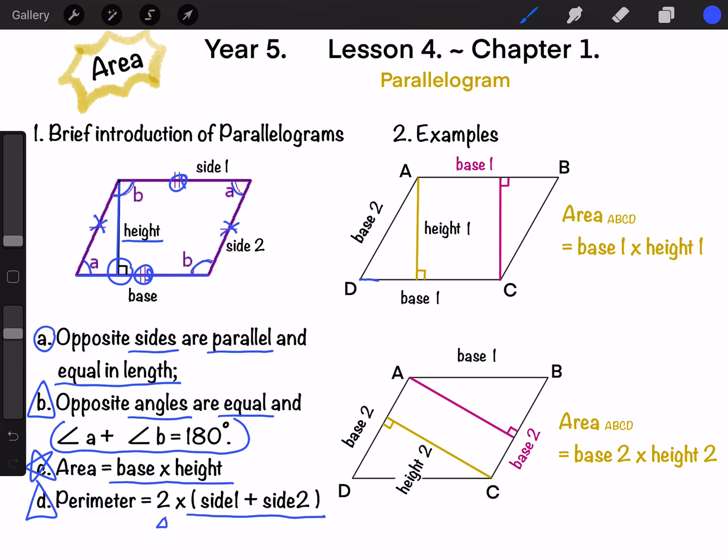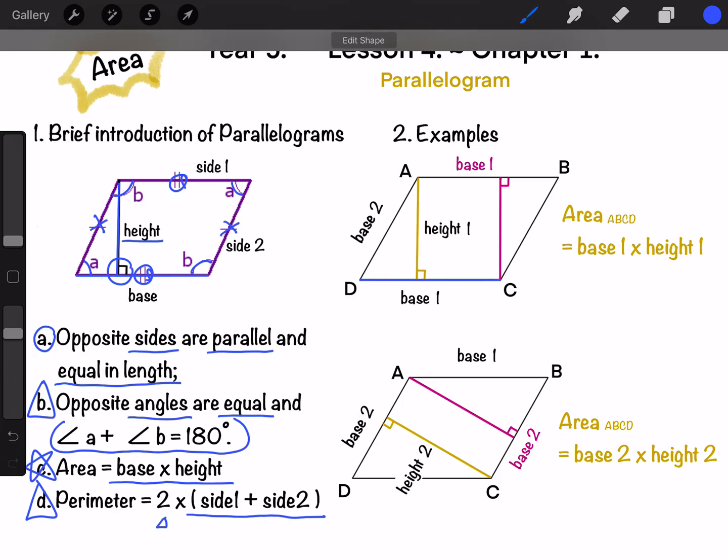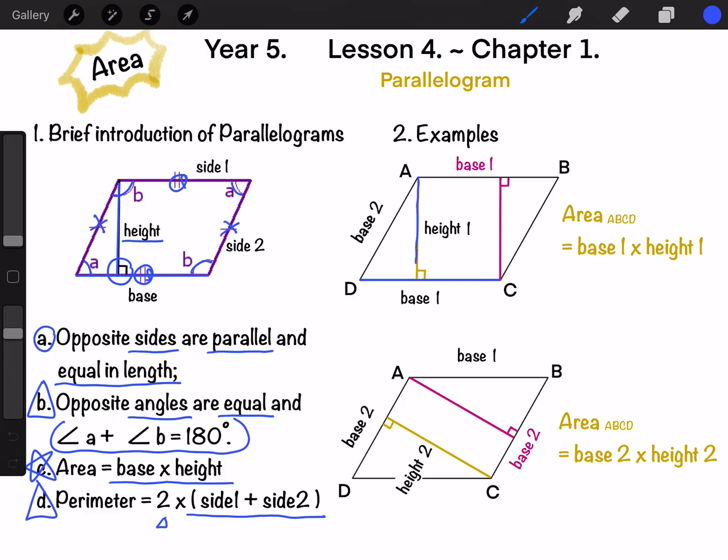If we use DC as base 1, the line which crosses base 1 at a right angle is called height 1. And area ABCD equals base 1 times height 1.